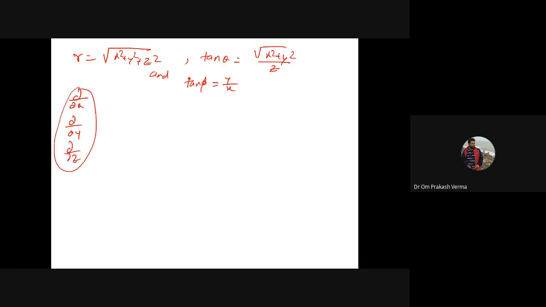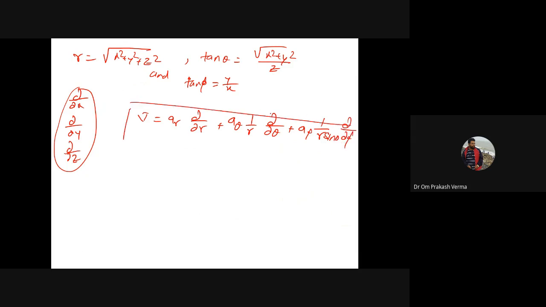You can find all these values, and then the del operator is defined like this: a_r ∂/∂r + a_θ (1/r) ∂/∂θ + a_φ (1/(r sin θ)) ∂/∂φ. So this is the del operator written in the spherical coordinate system.